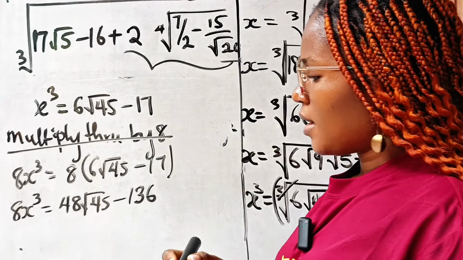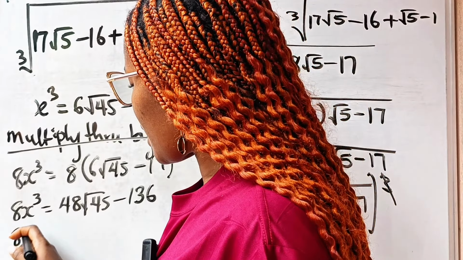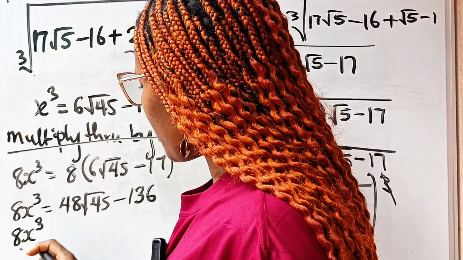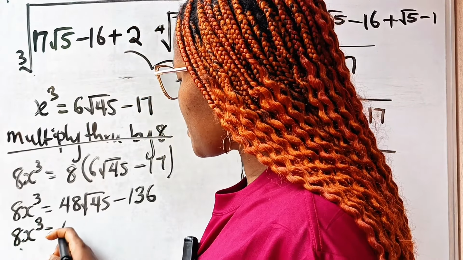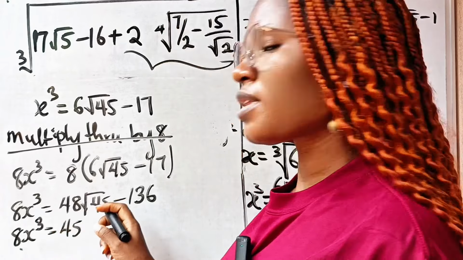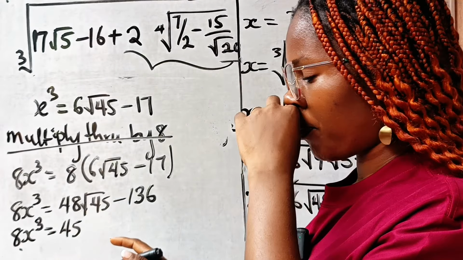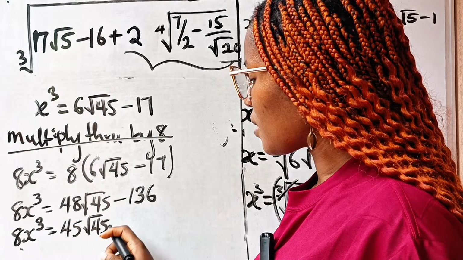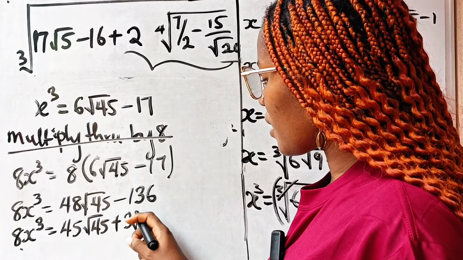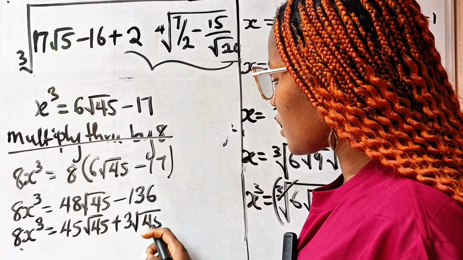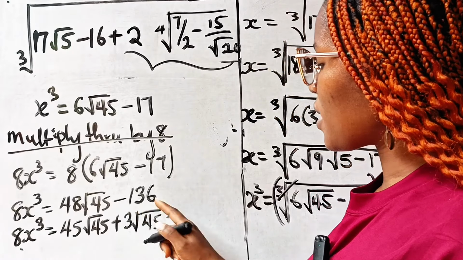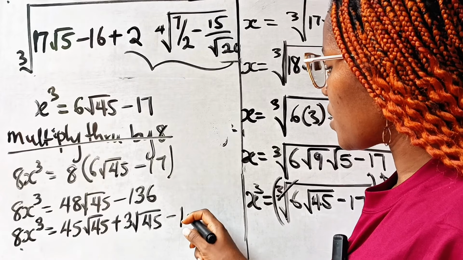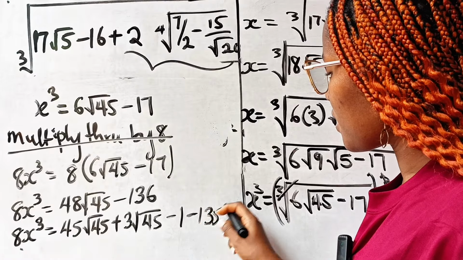So moving forward, 48 is the same thing as 45 plus 3, so this can be written as 45 root 45 plus 3 root 45 minus, now 136 is the same thing as 1 plus 135.